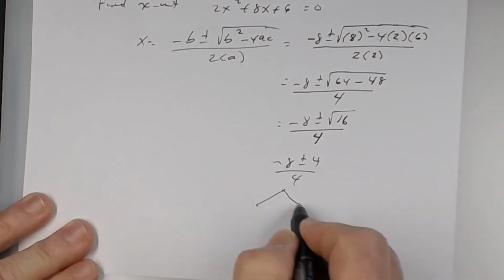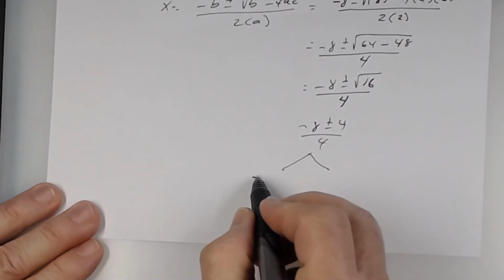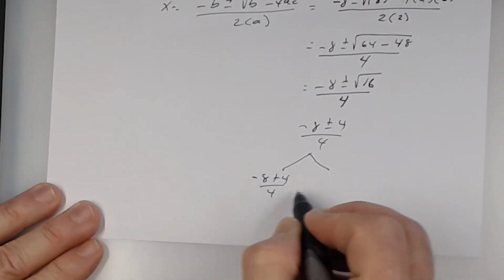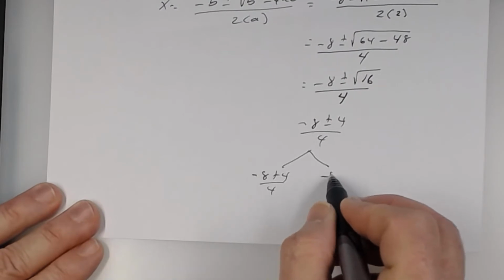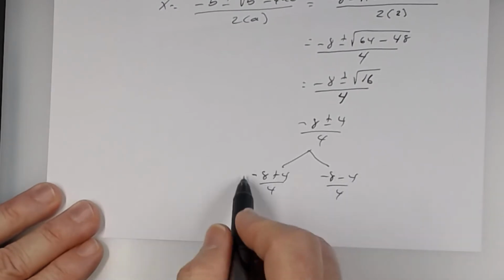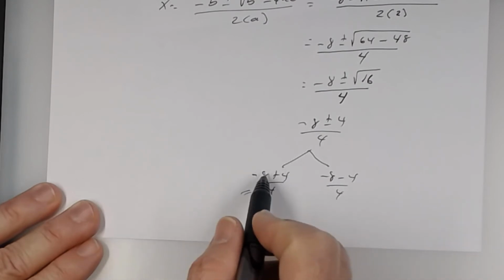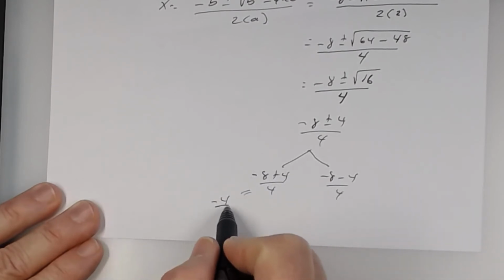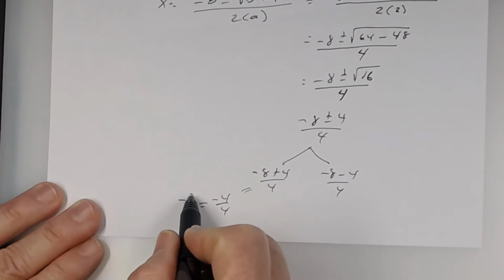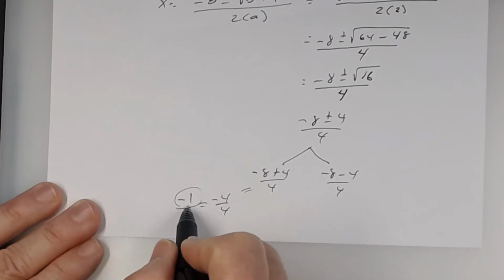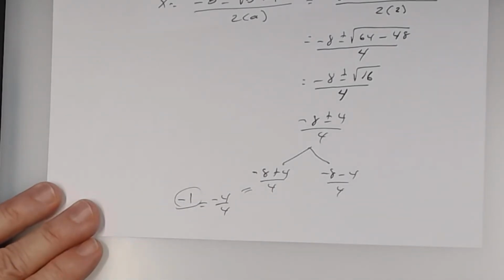So break it apart. You get negative 8 plus 4 over 4. And what's the other one? What's the numerator over here? Negative 4, right? And what's negative 4 over 4? Negative 1. So there's one of your x-intercepts, negative 1.